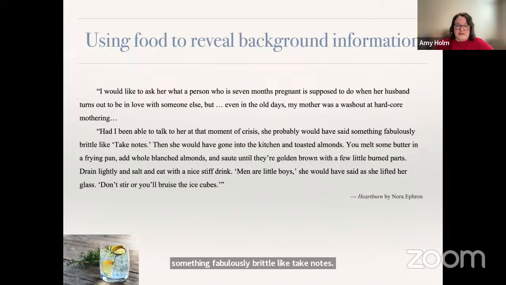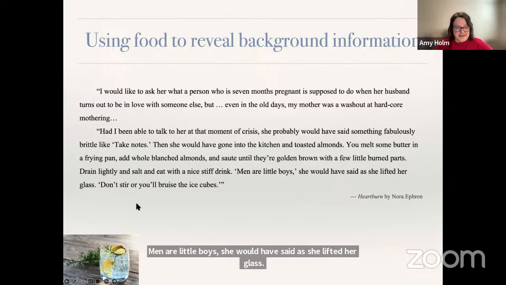Then she would have gone into the kitchen and toasted almonds. You melt some butter in a frying pan, add whole blanched almonds, and saute until they're golden brown with a few little burned parts. Drain lightly and salt and eat with a nice stiff drink. Men are little boys, she would have said as she lifted her glass. Don't stir or you'll bruise the ice cubes.